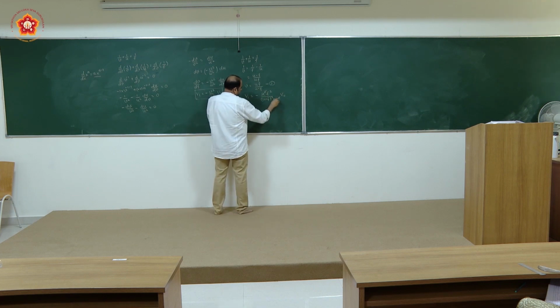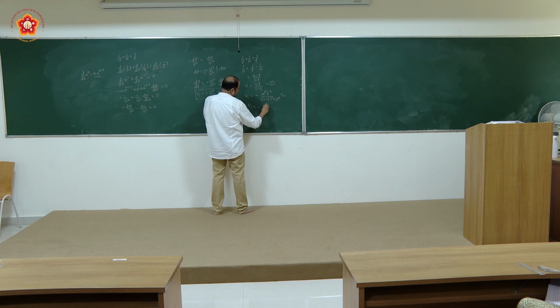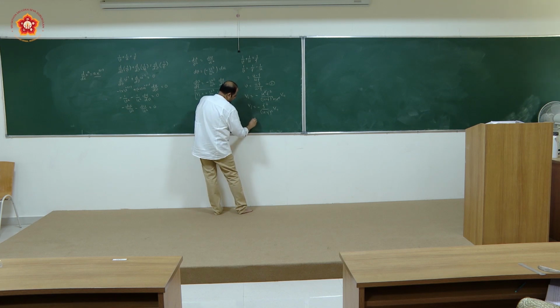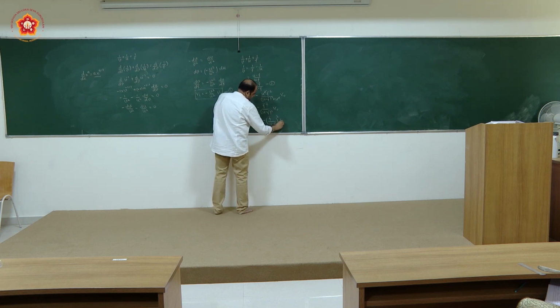So factor u square is getting cancelled. You are having vi is equal to minus of f square upon u minus f whole square into v naught, or I can rewrite this as vi is equal to minus of f upon u minus of f whole square into v naught.